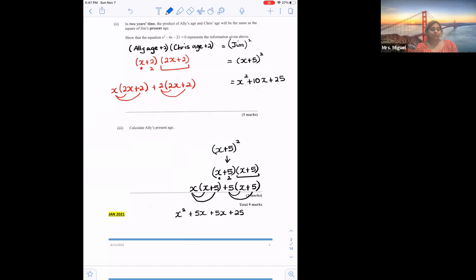All right, let's go. How much is x by 2x? What will we get? X by 2x, we will get 2x squared. Do you all have that?